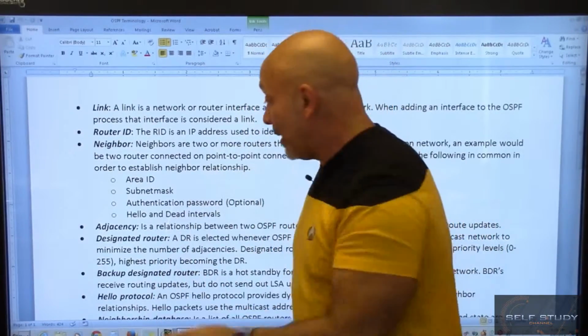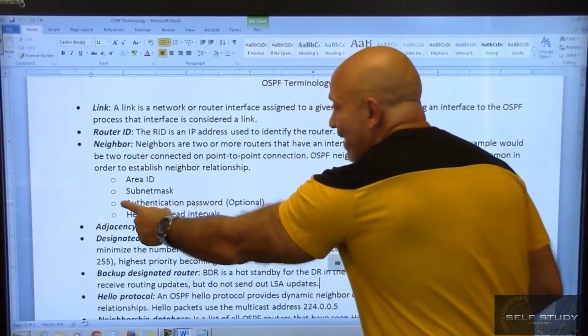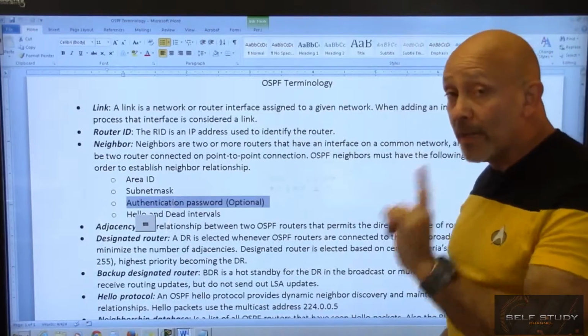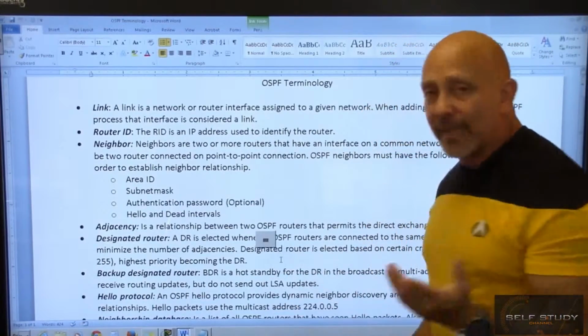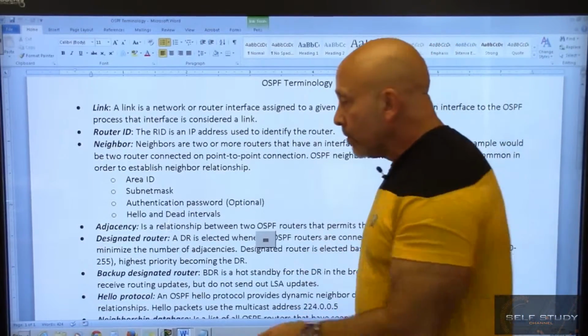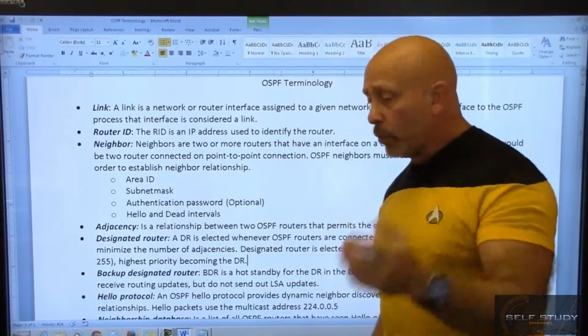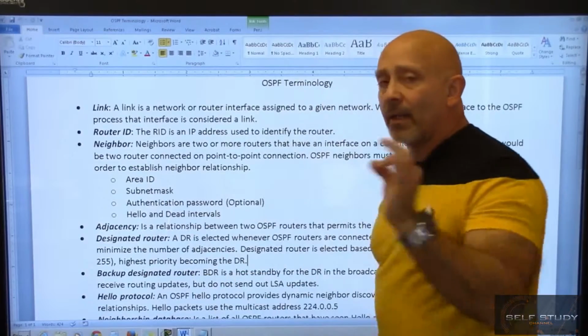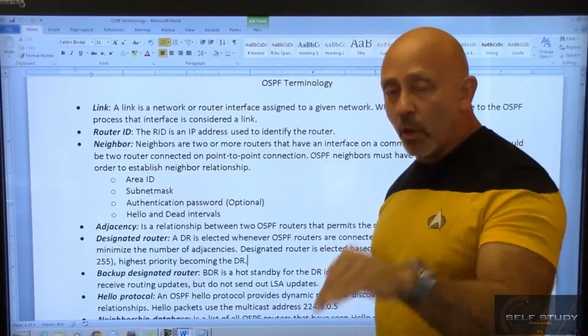If you do not have these the same, and again, authentication is optional. You don't have to have that. But if you do, it's got to be identical on both sides. And you'll see that when we do PPP later on in the course. But the hellos and the area are key, and those are things you need to home in on.